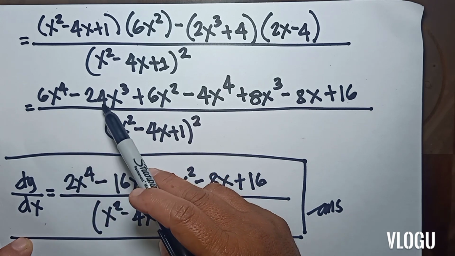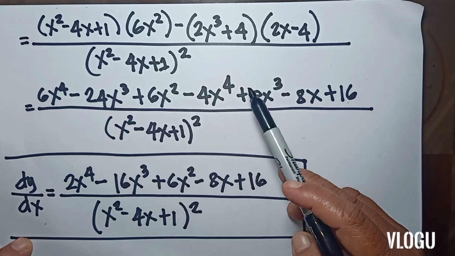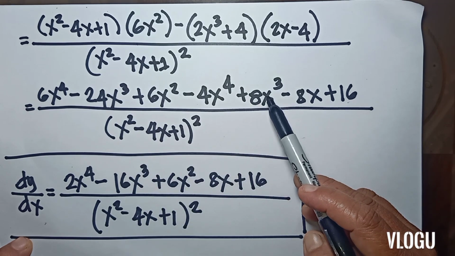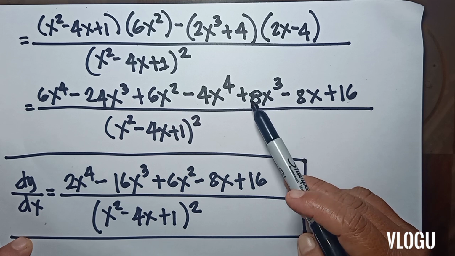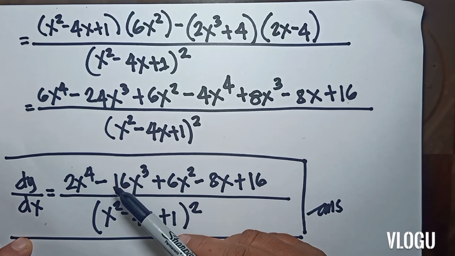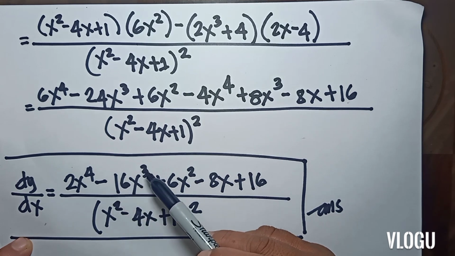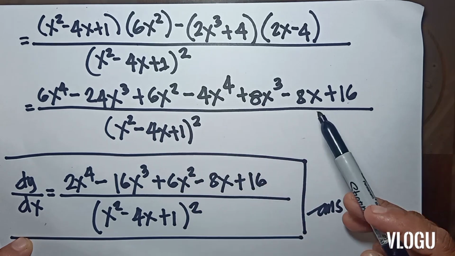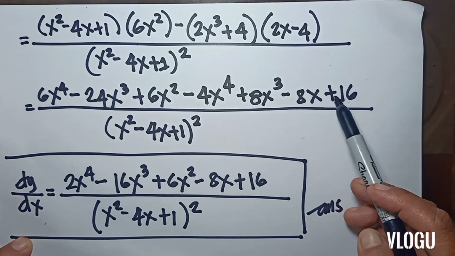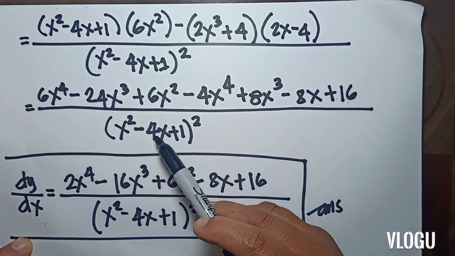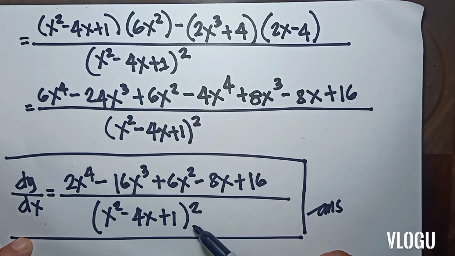Then we have negative 24x cubed plus 8x cubed. We are going to combine the two. Negative 24 plus 8, that's the reason you will have negative 16x cubed plus 6x squared minus 8x plus 16 over x squared minus 4x plus 1 squared.